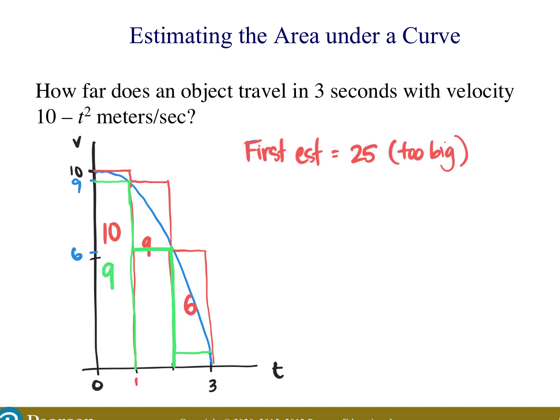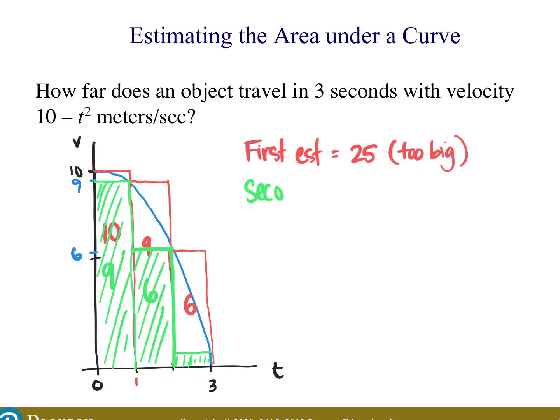So what if I did 9, 6, and 1, and we looked at that area under here? Well, what does that add up to? 16. So my second estimate is 16, and that's clearly too small.